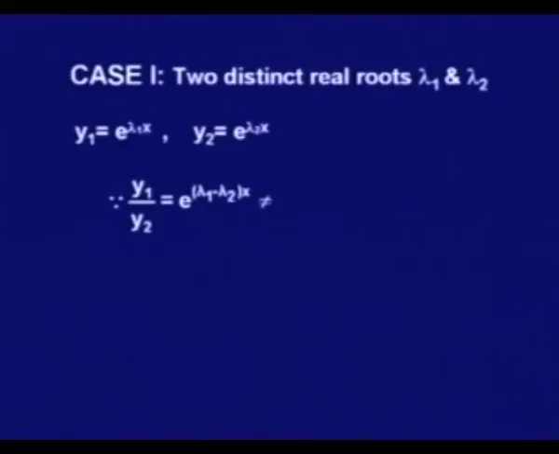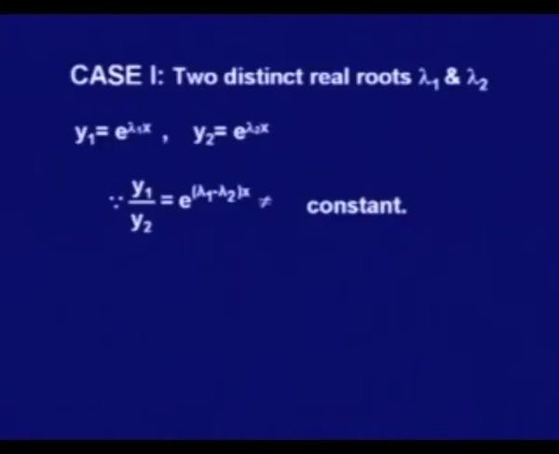Since y 1 upon y 2 is e to the power lambda 1 minus lambda 2 x, and we do know that lambda 1 and lambda 2 are distinct, not equal, lambda 1 minus lambda 2 will not be 0, that is, this will not be a constant. So, they are linearly independent, that is, these two solutions form the basis or the fundamental system.